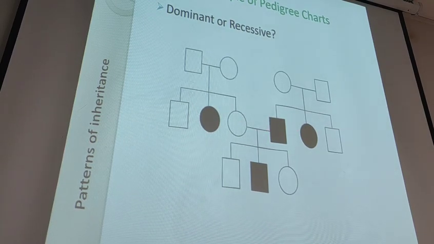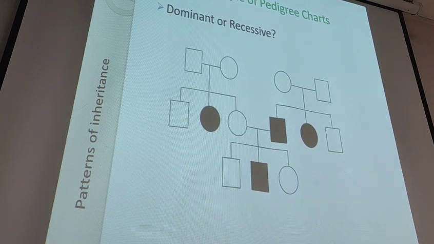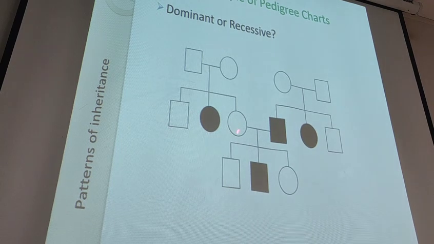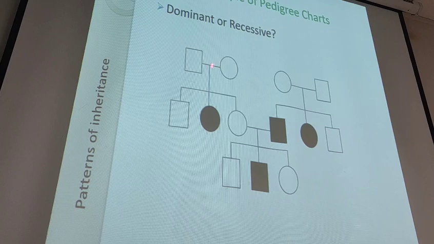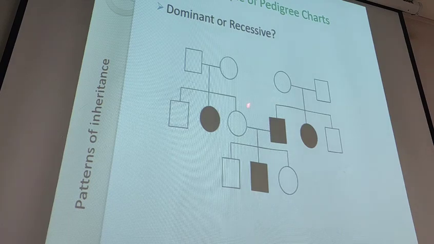This is the characteristic of autosomal recessive. I asked a tricky question: this part of the pedigree is autosomal recessive because normal parents have affected children. What about this part of the pedigree?